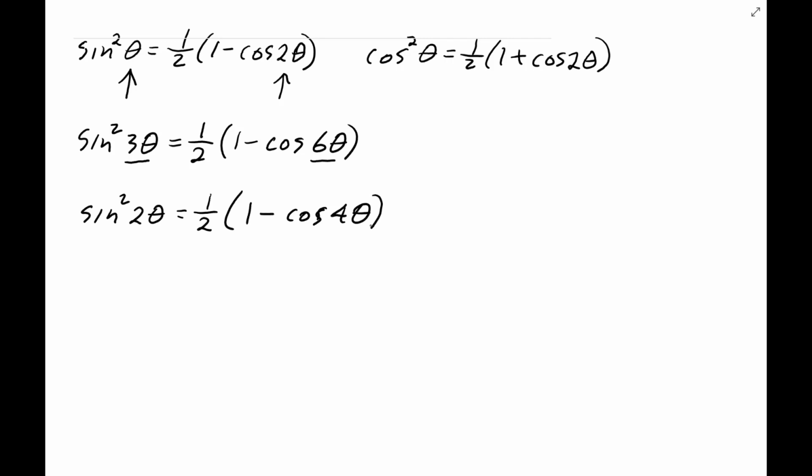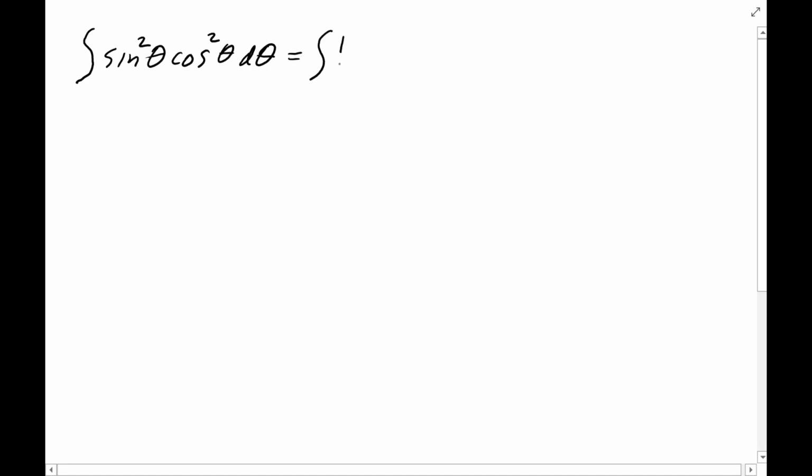Now let's get to an example. Okay, let's take a look at this example. We want to get the antiderivative of sine squared theta times cosine squared theta. And neither of those is raised to an odd power. So we're going to replace both the sine squared theta and the cosine squared theta using those reduction formulas.